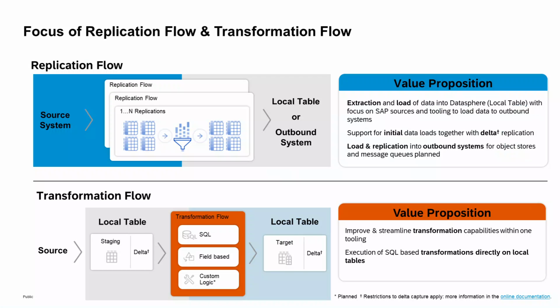So this was a quick introduction to the new concept of transformation flows together with delta-enabled tables. And if you do not want to fill the data tables manually or through the data editing or through CSV uploads, you can use the replication flow to fill in this delta information.